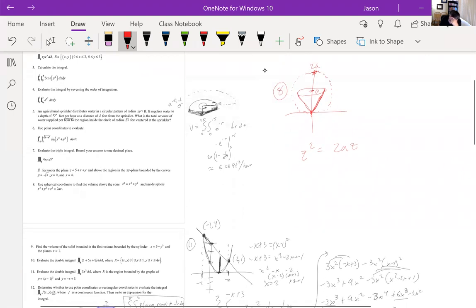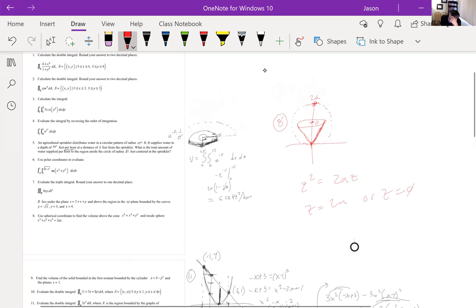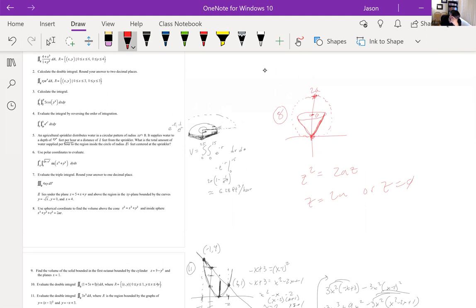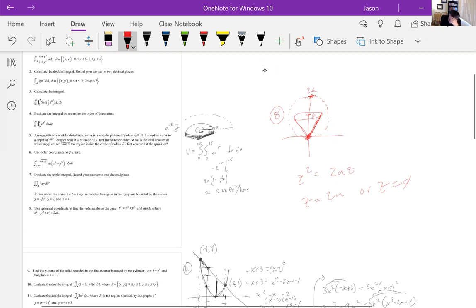And so z equals 2a or z equals 0. So it's either 0, 0, 0 or 0, 0, 2a. Yeah, because 2a times 2a is going to be 2az. So 2a here, right?